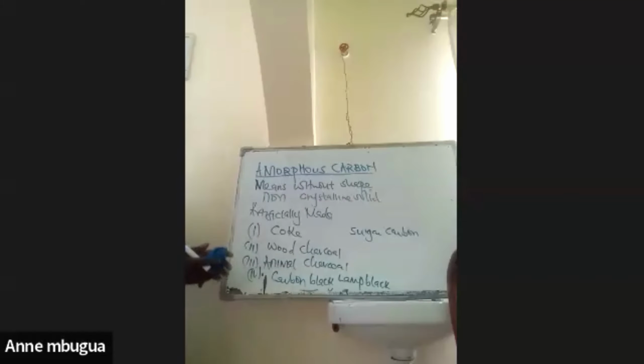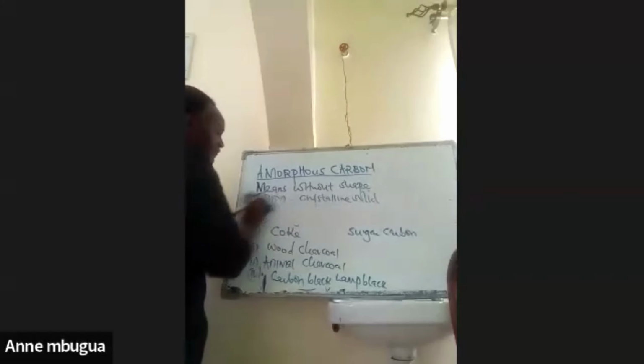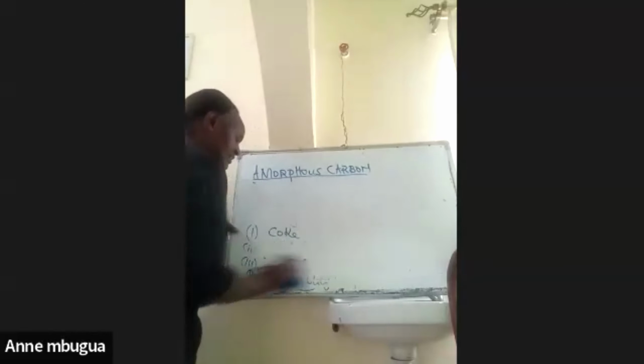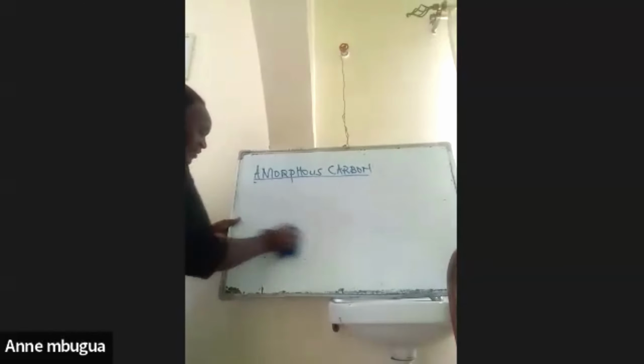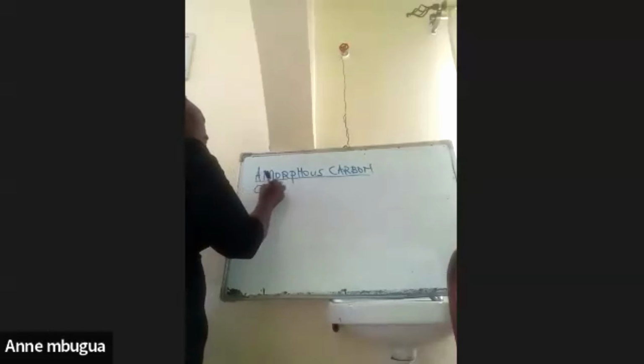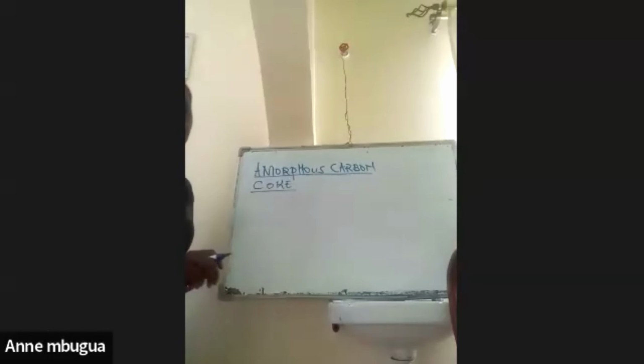I start with the first form of amorphous carbon, and that is coke. How is coke made?